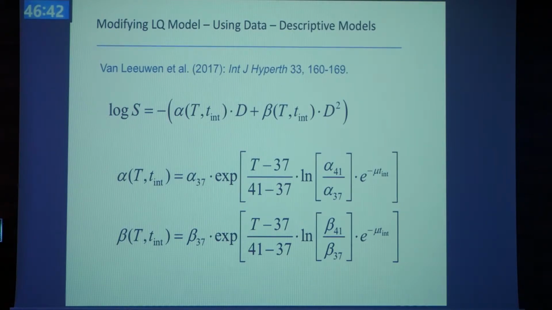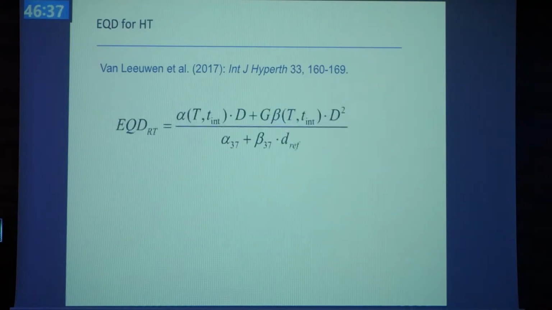As soon as you have such a model for alpha and beta values, you can bring that to the concept of the equivalent dose. So you have to substitute the alphas and betas by this function of temperature and the time interval. Here we do not have the comparison of two Gray fractions with an arbitrary other fractionation scheme. Here we have the comparison between a radiation therapy without heat and a combined hyperthermia radiation therapy.